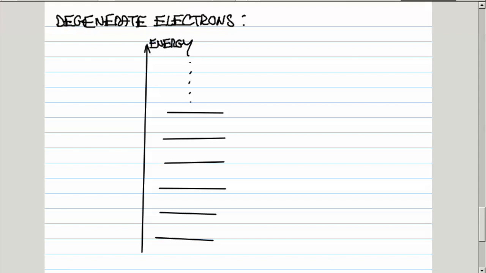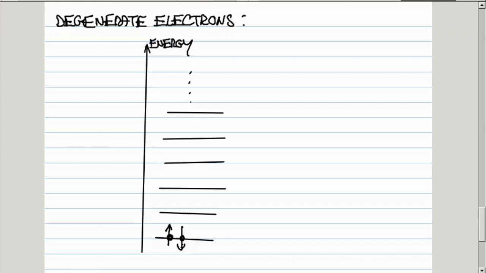Now, the Pauli principle tells me that in each one of these energy levels, I can put at most 2 electrons, one with spin or magnetic moment pointing up, and the other one with spin down.